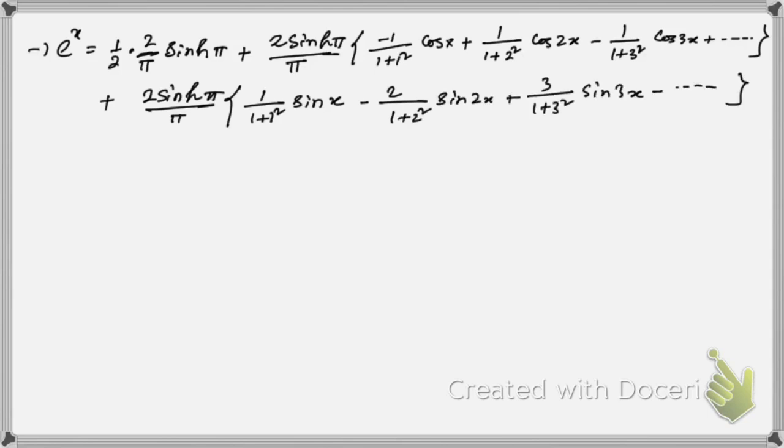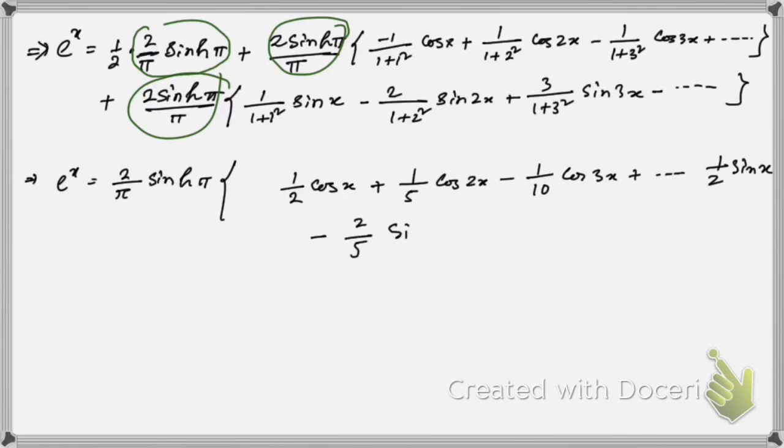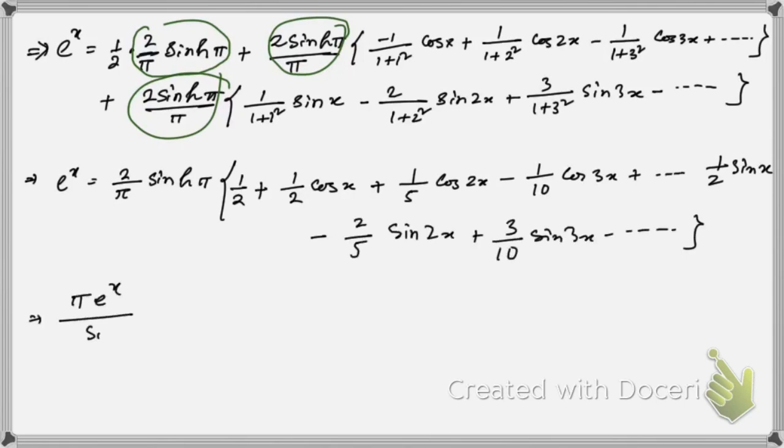So now what we can do, we can take this common, we can take this part common, right? And then we will get this result. So we have got this, and okay, there should be a half, right?